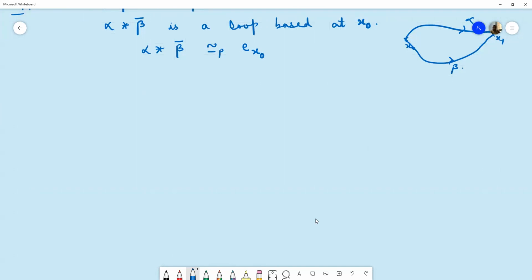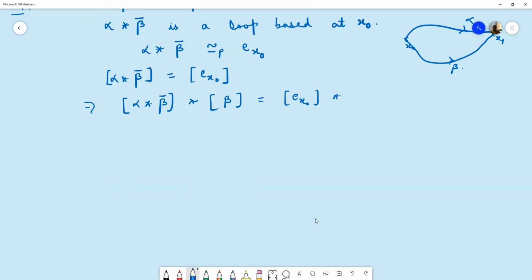It means the path homotopy class of alpha star beta bar is equal to the path homotopy class of the constant path e x naught. Multiplying by the class of beta, this is e x naught star beta, which means alpha star beta bar star beta.